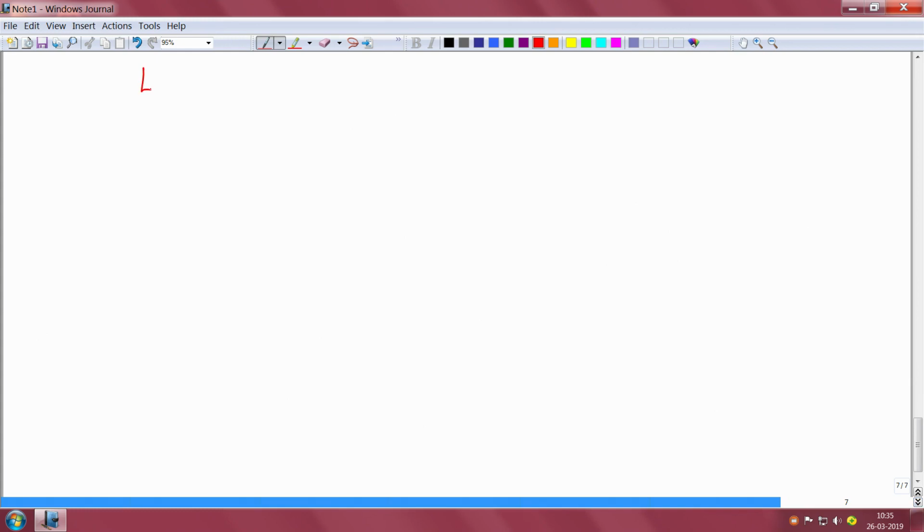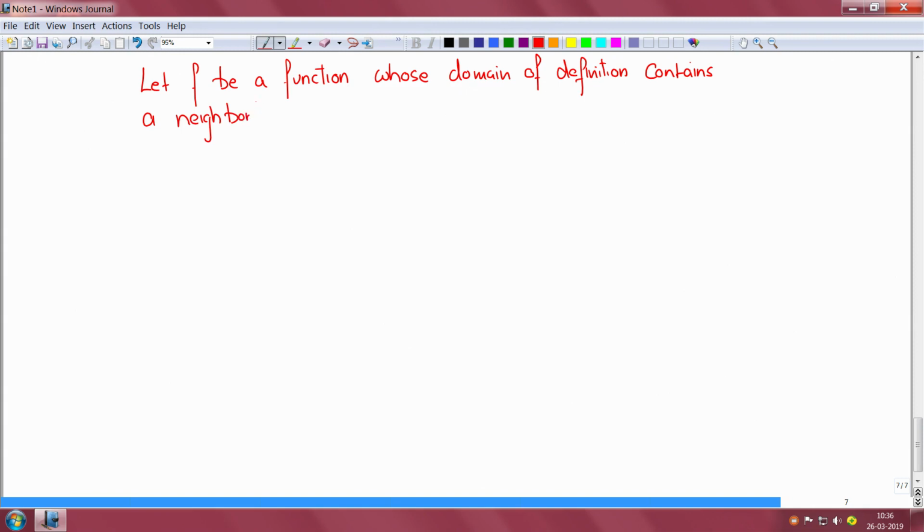So, we say let f be a function whose domain of definition contains a neighborhood of a point z0.